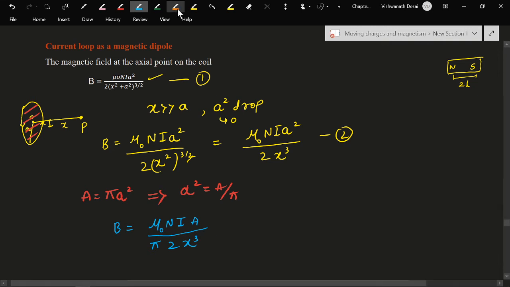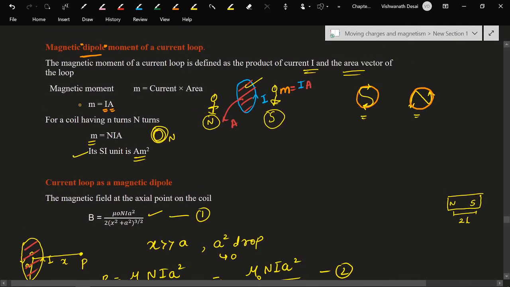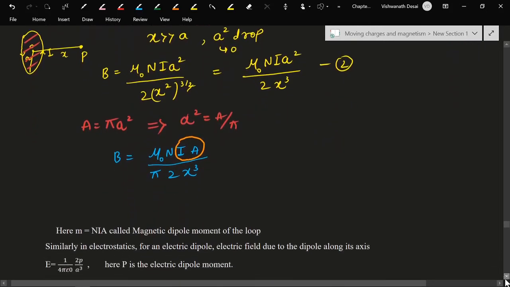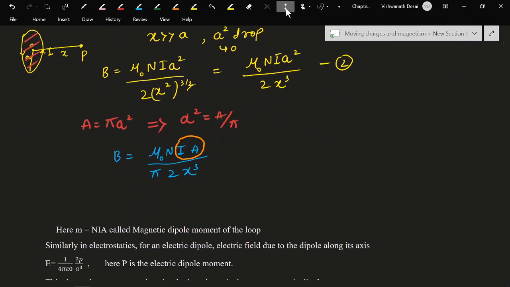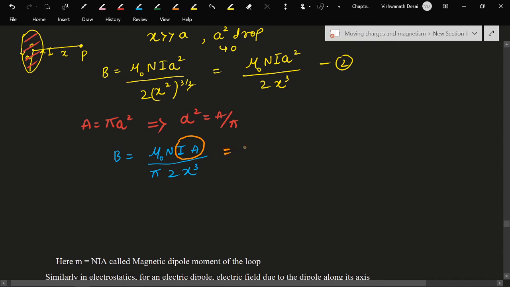Now we can identify what I into A is called. I into A is called the magnetic dipole moment. We just studied it: M is equal to I into A. Therefore, let me substitute it. That is equal to mu naught n times the magnetic dipole moment divided by 2 pi x cube.